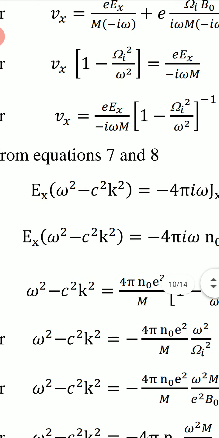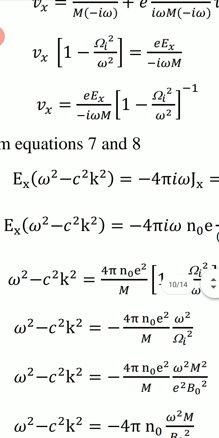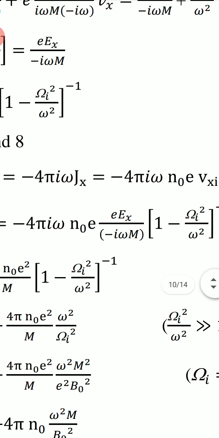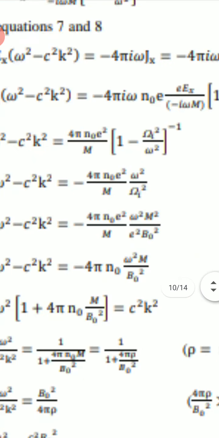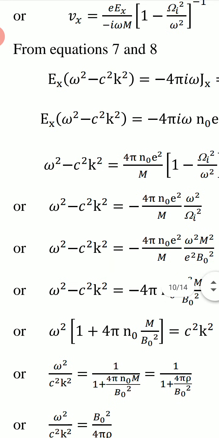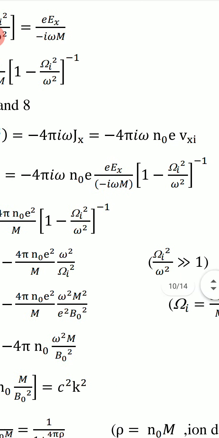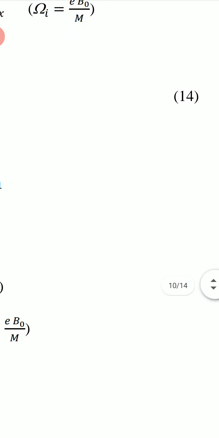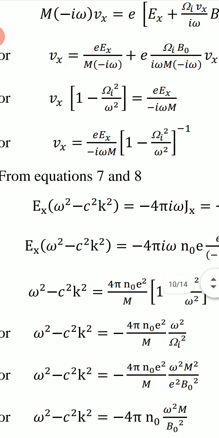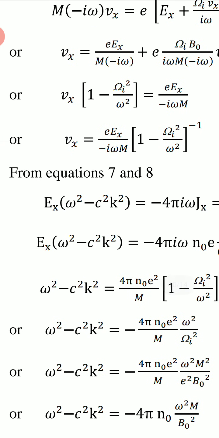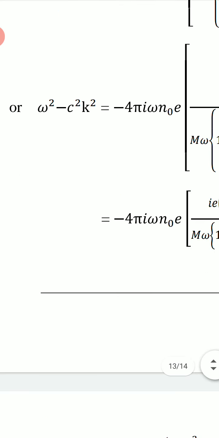From equations 7 and 8 we have Ex into omega square minus c square k square.